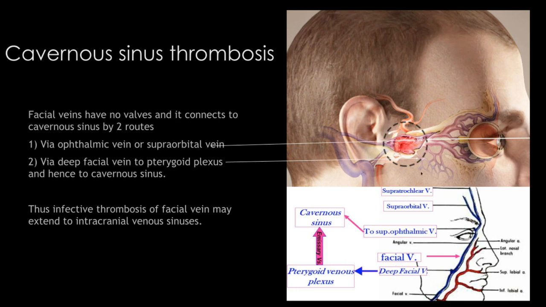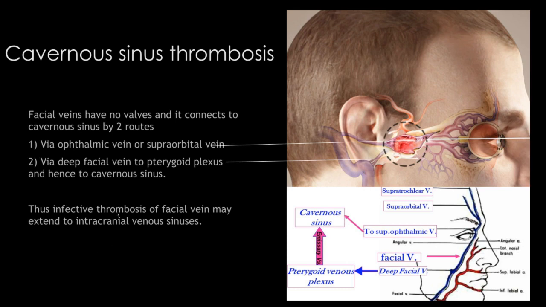So this is the pterygoid venous plexus. The facial vein will be here somewhere. So it will be communicating with the pterygoid plexus in this region through a deep facial vein. So this infection will spread along the pterygoid venous plexus through the emissary vein into the cavernous sinus.